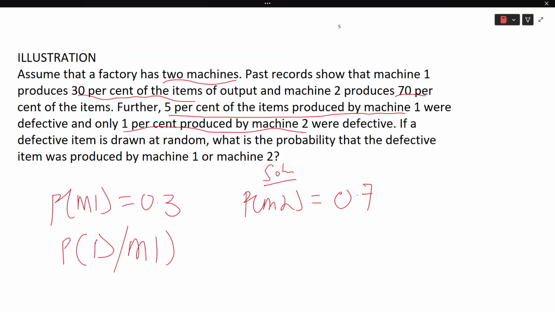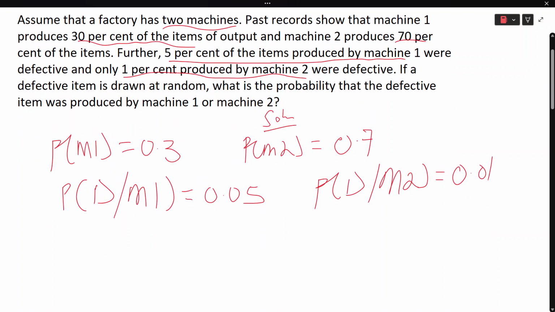That's what we already know. The probability that a defective item is coming from machine 1 is 5%, which is 0.05. Also, if it is defective, given that it is coming from machine 2, only 1%, which is 0.01.